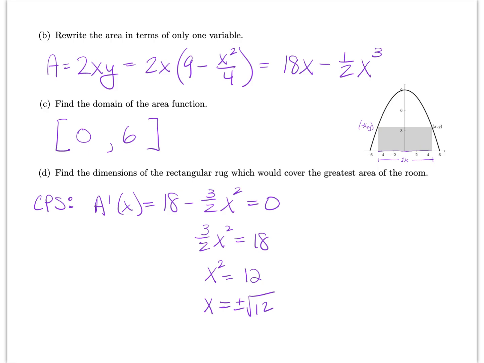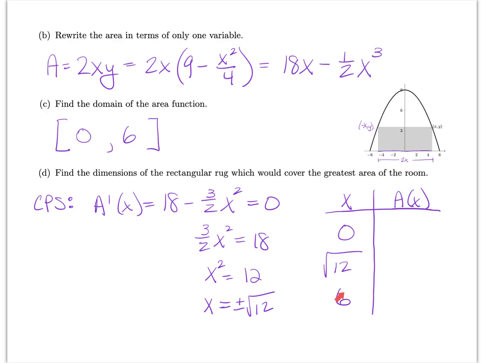I am just going to make an xy chart for x and area of x. For each x value, I'm going to calculate the area of the rug, and the x values are going to be my endpoints of my domain and my critical point that is in that domain. So I'm going to have 0, root 12, and 6.